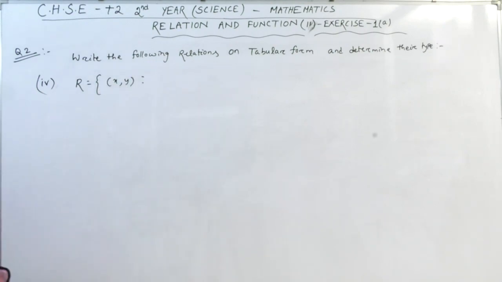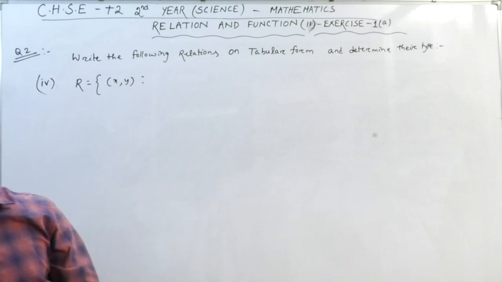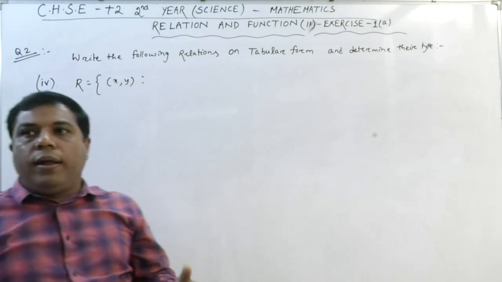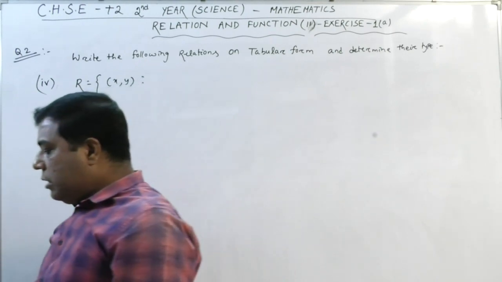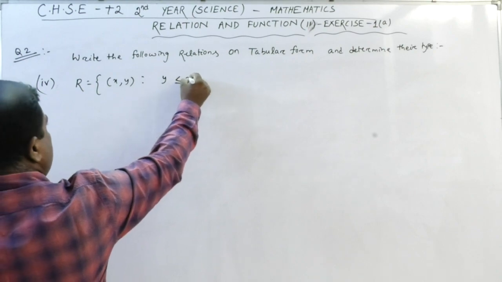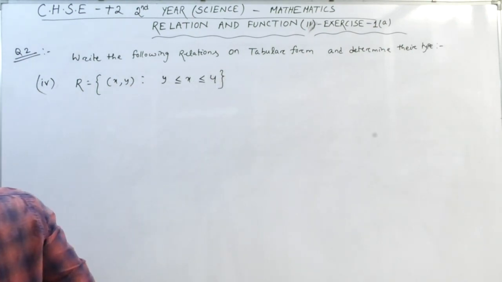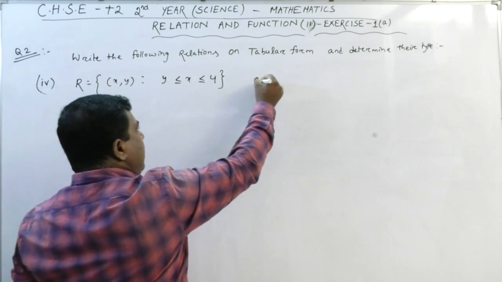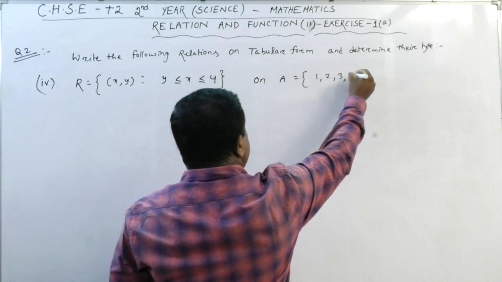So here the relation R contains the ordered pairs (x, y), where x and y are related with each other, that is mentioned as y is less than or equal to x less than or equal to 4, on A equal to {1, 2, 3, 4, 5}.